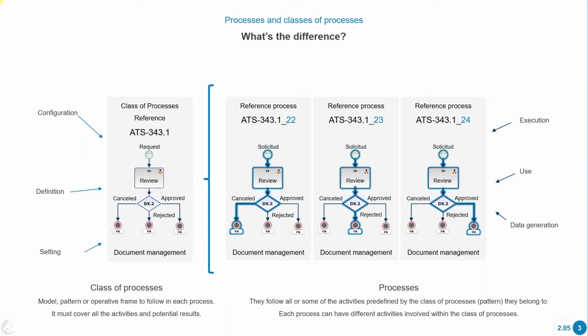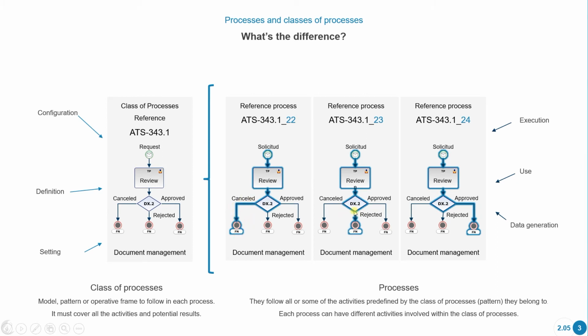These processes follow all or some of the activities predefined by the class of processes they belong to. Each process has different activities involved within the class of processes. For example, if we see this image, we can see that the first process has taken this outlet, the cancel one.